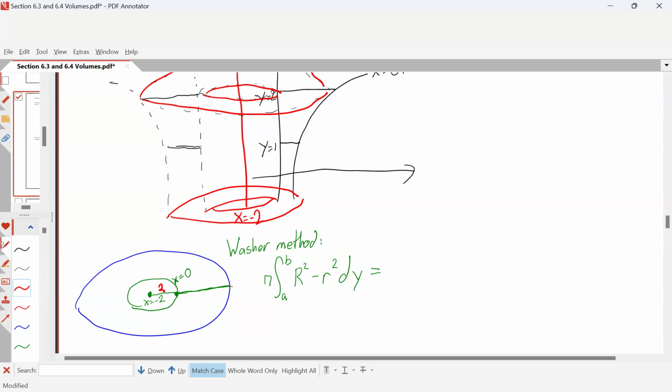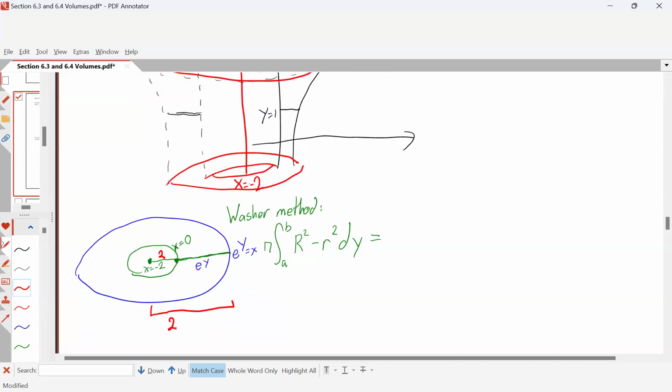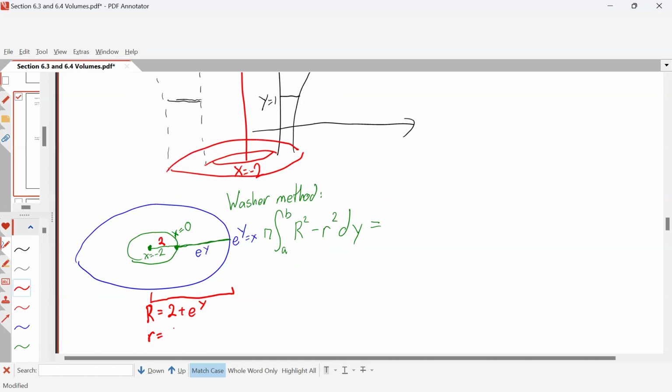And this farthest out circle still represents e to the y. Going from x equals 0 to x equals e to the y, that distance is e to the y. So going from x equals -2 all the way out to e to the y, we get 2 plus e to the y. Meaning our big radius is 2 plus e to the y, and our little radius is just that 2.